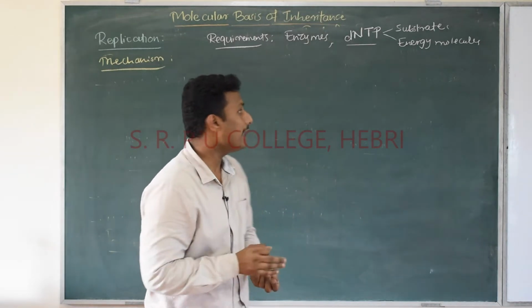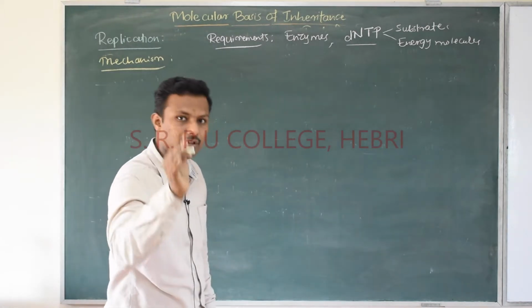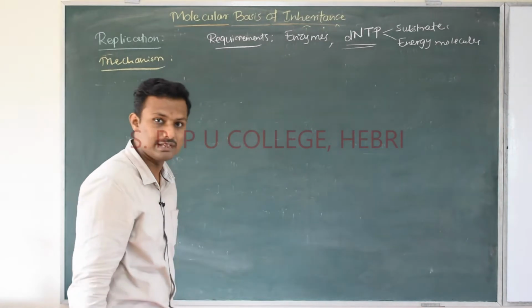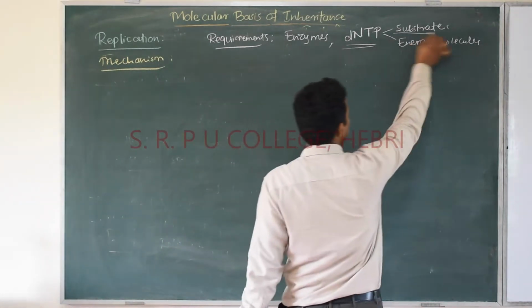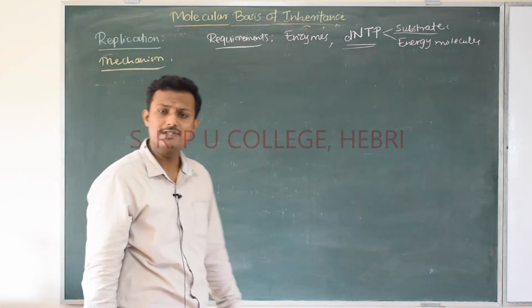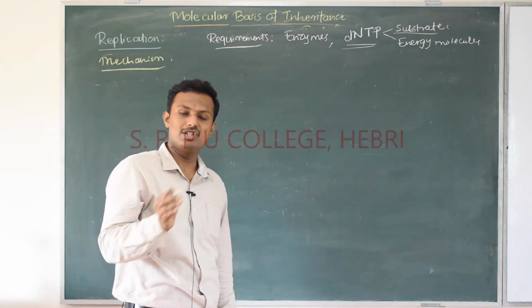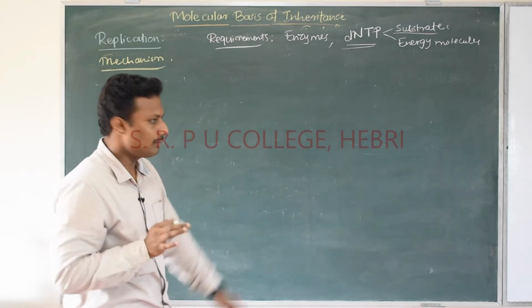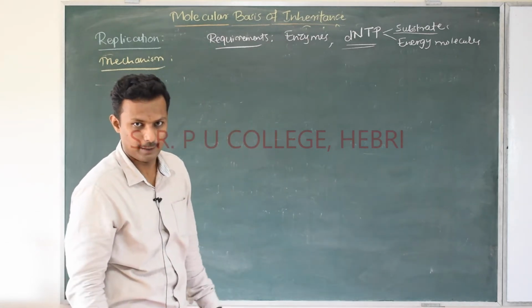To supply all that energy, these molecules will act as the energy molecules as well, along with acting as the substrate molecules to synthesize the new DNA. So ATP, dATP, GTP, and so on, all those molecules will be acting as energy molecules here, right?